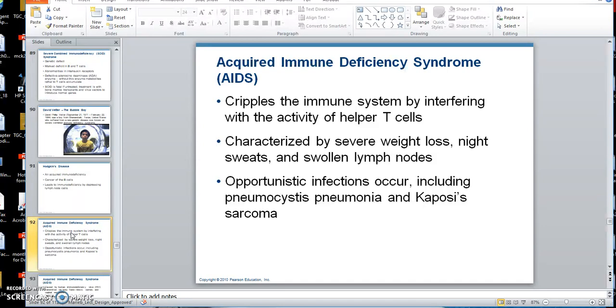Now, remember, your immune system also protects against cancer. So individuals that have AIDS, which kind of eliminates the T cell system, will have a higher increase in certain tumor conditions like Kaposi's sarcoma, which is a condition of the skin cell and connective tissue blood vessels.